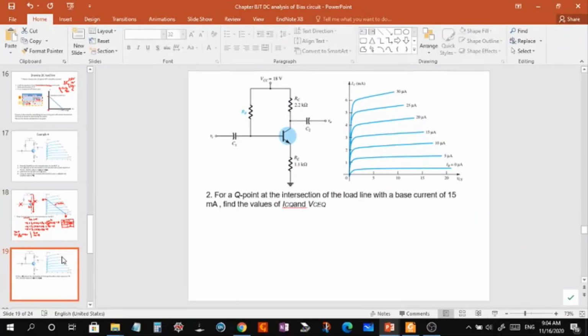Okay, the next question is Q point at intersecting with the base current of 15 milliampere.